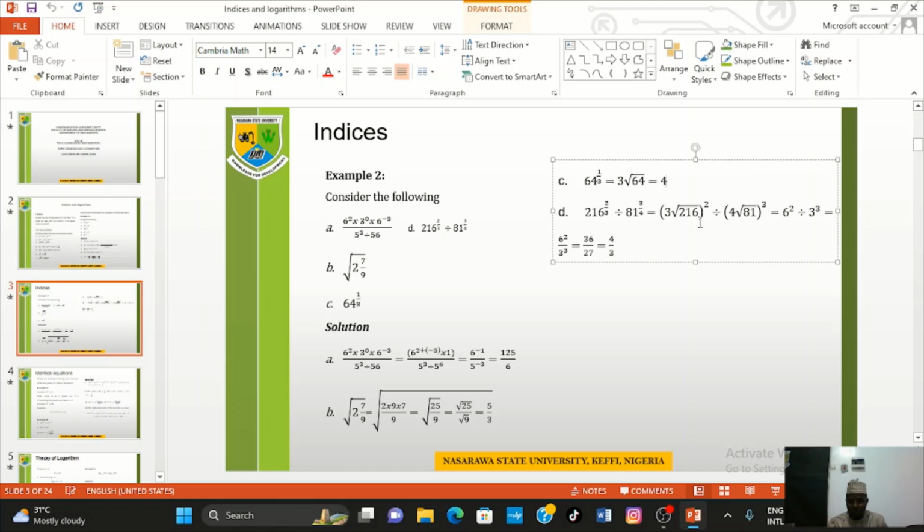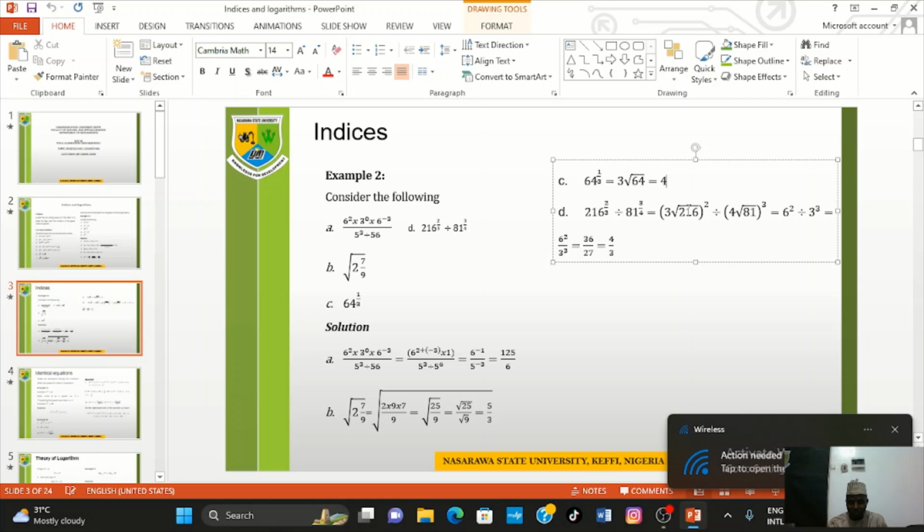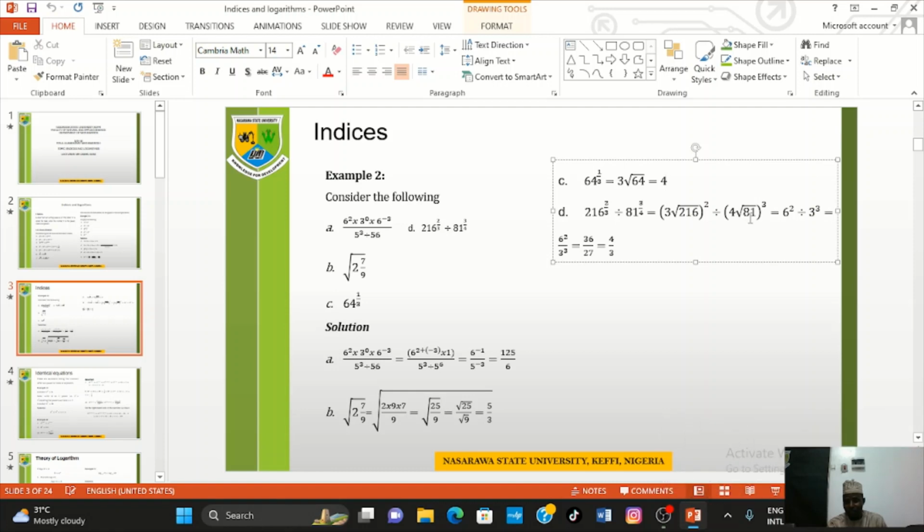At this point, you also think of a number that when you multiply it 3 times, it will give us 216. And also for this one, you think of a number where you multiply it 4 times will give us what? 81. So for this 216, it means you will say 6 times 6 times 6, 3 times will give us that number.